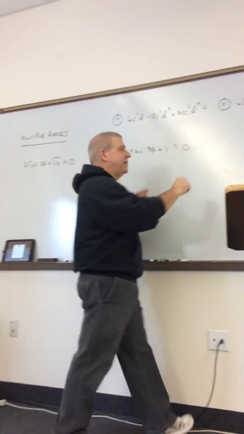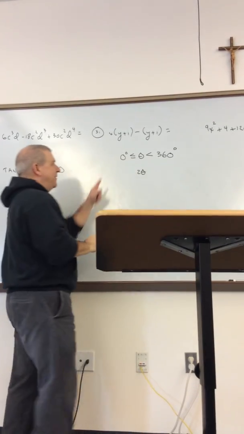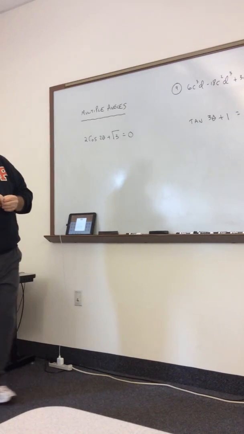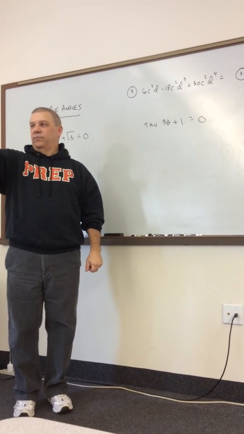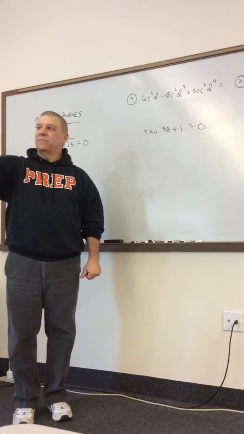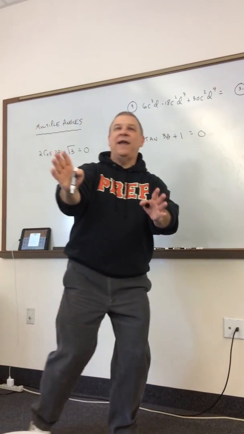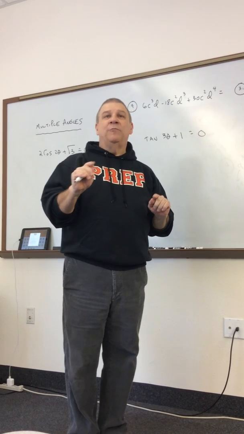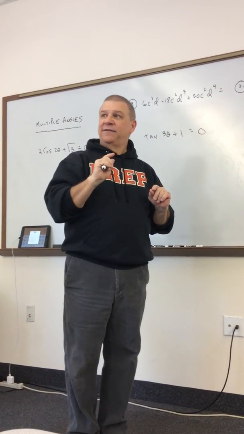Okay, question. If that's the range for theta, what would be the range for 2 theta? Watch me, watch me. If the angle theta is between 0 and 360, what would be the two angles for 2 theta, which is twice that?